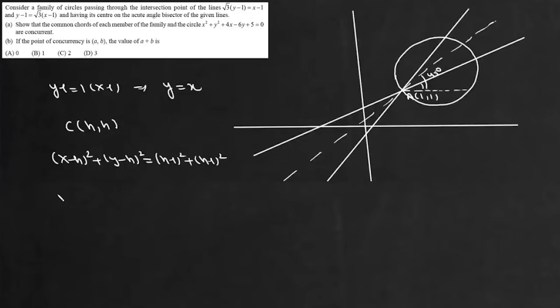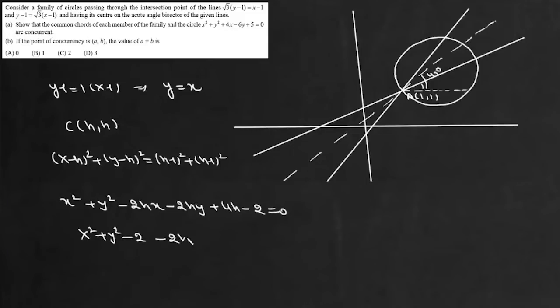Now we simplify this, we'll get x square plus y square minus 2hx minus 2hy. Now h square will cancel and here we'll get plus 4h minus 2 equals 0. We can write this as x square plus y square minus 2 and then minus 2h times x plus y minus 2 equals 0.